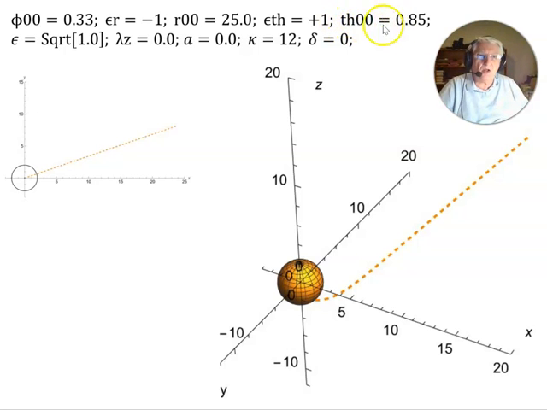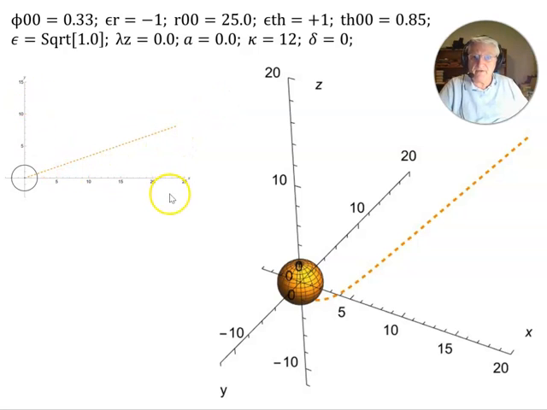The theta angle, polar angle, starts at 0.85 radians. The epsilon parameter is equal to 1, square root of 1 is 1. Zero angular momentum for this massless particle, be it a photon or graviton, what have you. Zero spin, kappa set, the Carter constant set to 12, delta is 0, delta being equal to 0, meaning a massless particle, and it is just a straight trajectory.